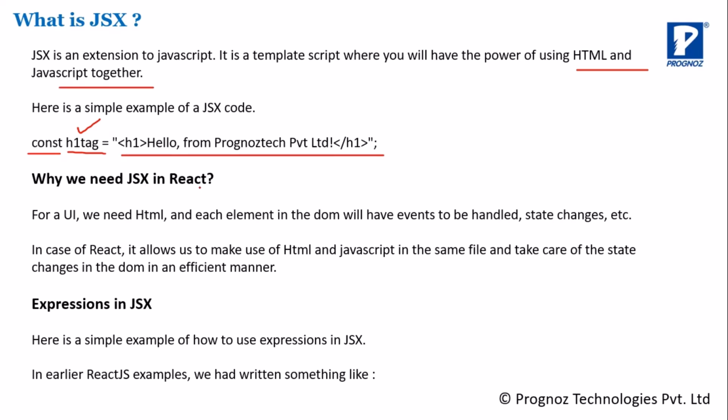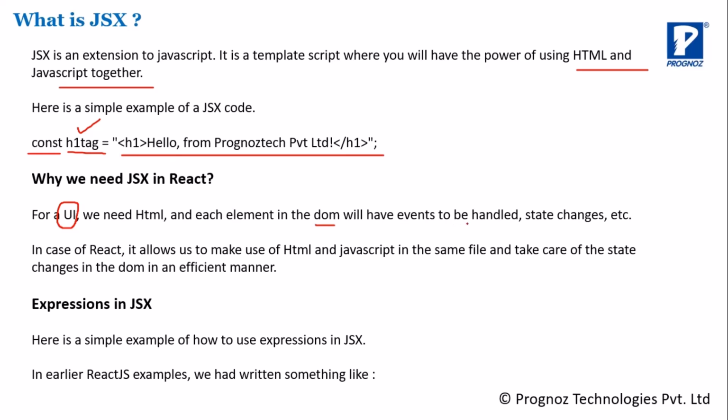We need JSX in a React application. It is mostly used to build the UI, the user interface. To create a user interface and include HTML and JavaScript, we are using React. So we need HTML, and HTML always executes under the DOM. Already I told you in the last session about the DOM concept also.